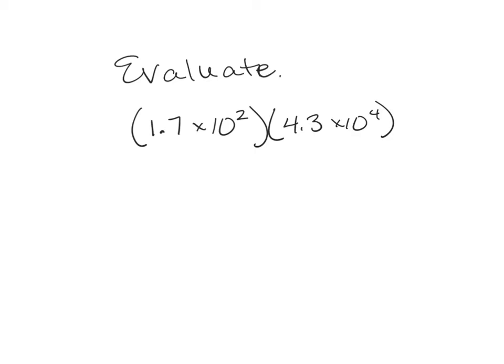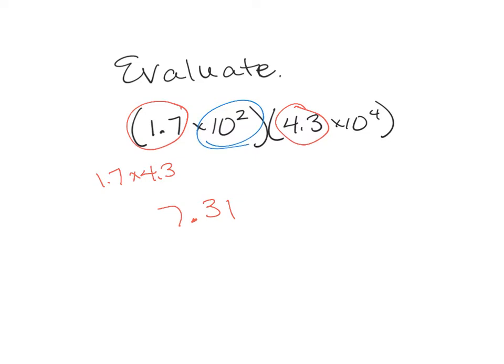Let's do scientific notation times another scientific notation. We're going to start by multiplying the first numbers. 1.7 times 4.3. So when we do that, and again, use a calculator, we get 7.31. Then we're going to deal with our powers of 10. We are multiplying them.